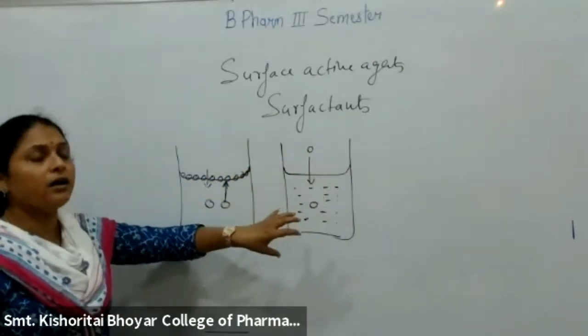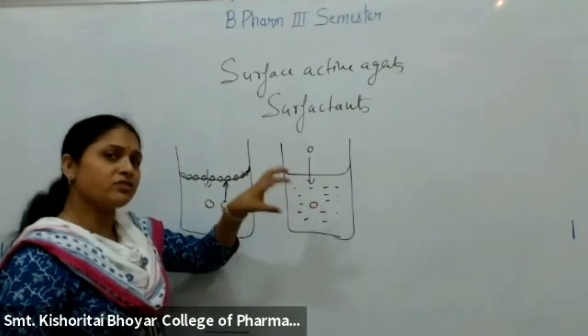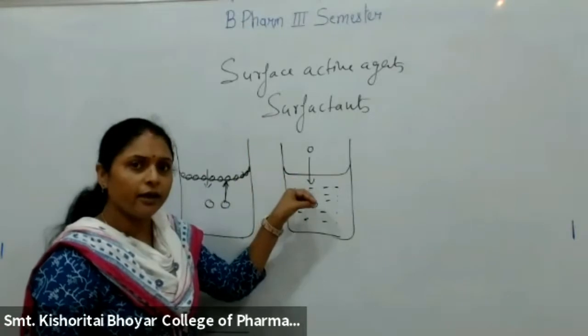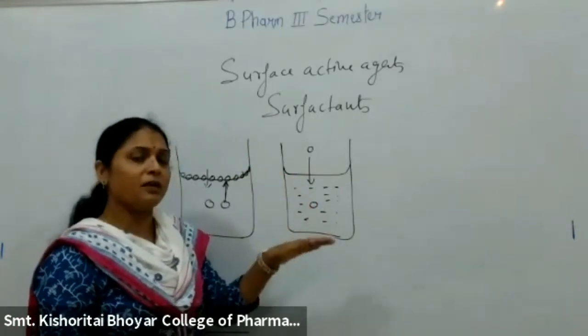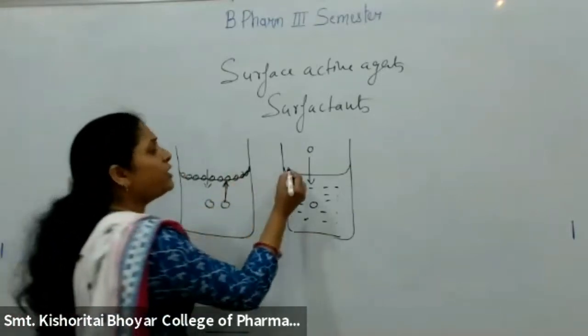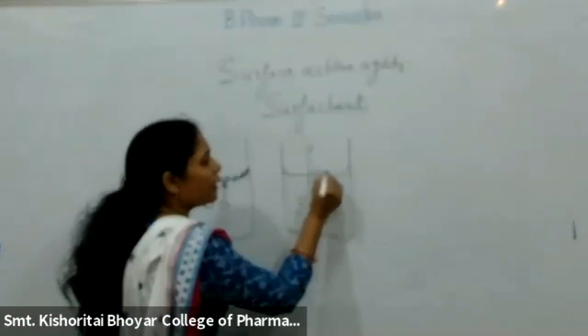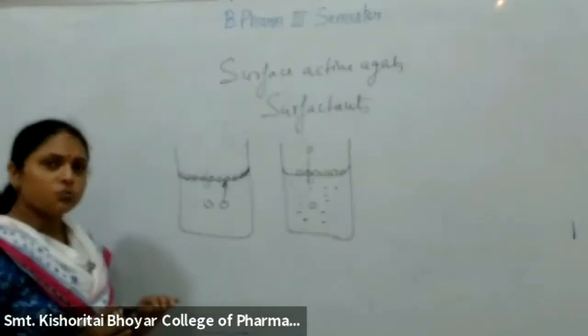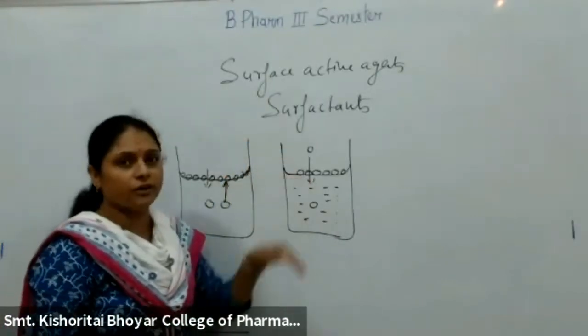Some substances have a different property, such that when we add them here, preferentially, there will be a preference, that means they will get adsorbed at the interface, or at the surface. This means they will remain at the surface.